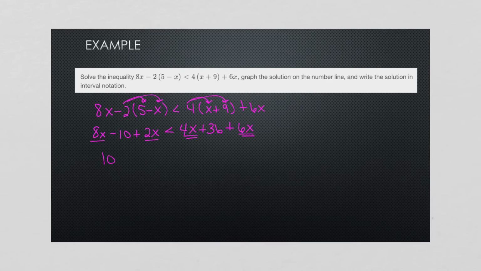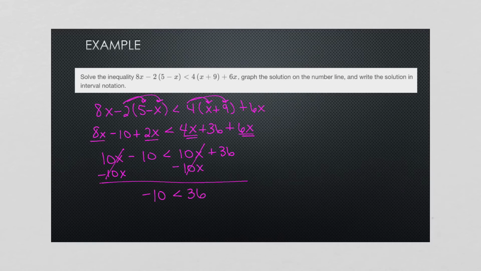So I've got 10x minus 10 is less than 10x plus 36. So now, if I do this, check out what happens. So that goes away and that goes away, and I've got negative 10 is less than 36.